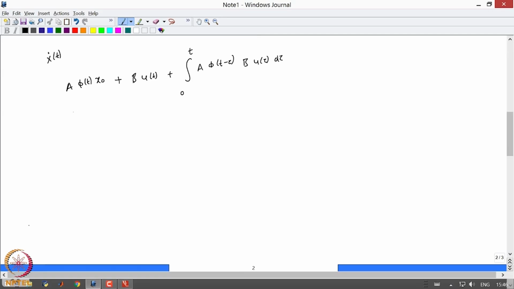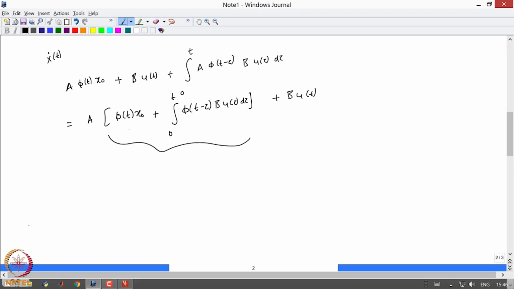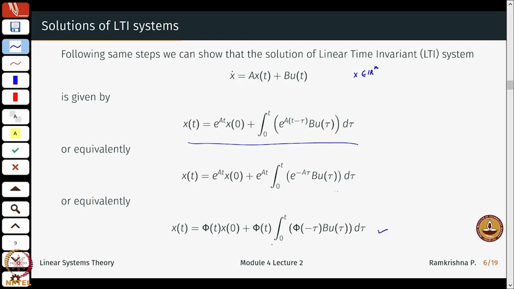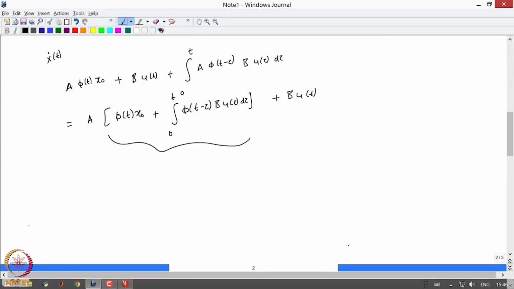Okay, so I can rearrange these terms as A times phi of t x naught plus integral 0 to t phi of t minus tau B u of tau d tau, plus B times u of t. Okay. Now, what is inside here? Phi of t x naught plus this term in the integral. This is exactly the solution that I am proposing here.